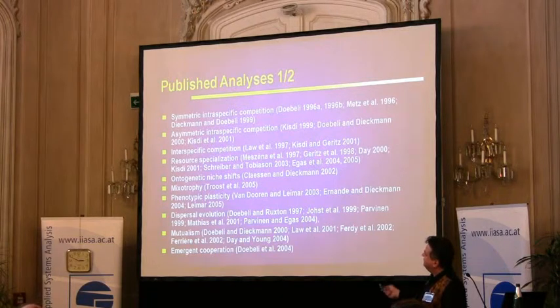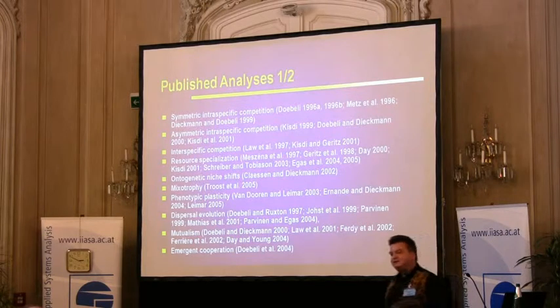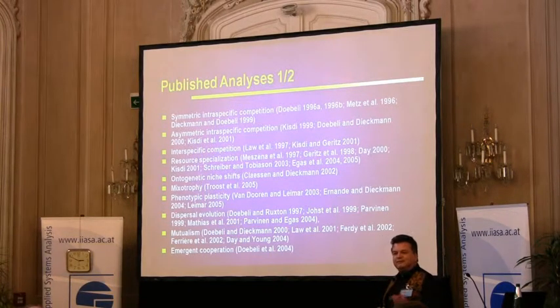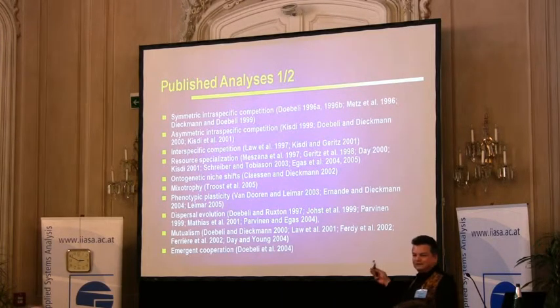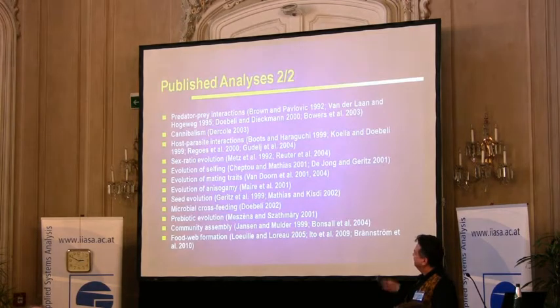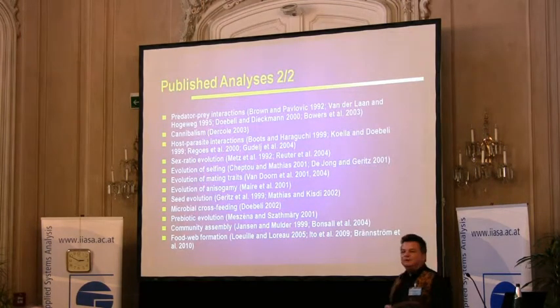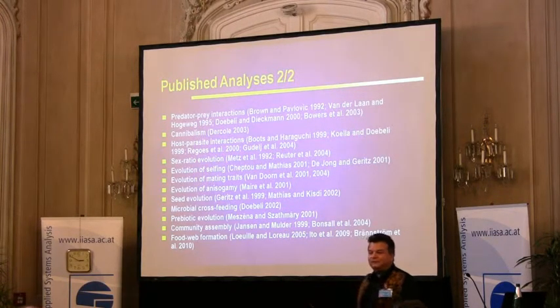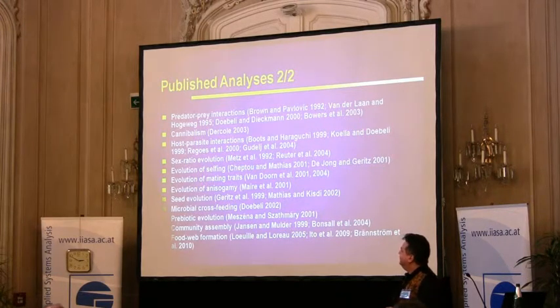I just want to draw your attention to the large score of studies that has by now been published about different evolutionary ecological questions tackled through an analysis of evolutionary branching. So probably we are talking about some 60 or maybe even 80 papers. You cannot read this, you should not read this, but just to give you an idea, this is a brief bibliography of publications on evolutionary branching. So this has helped to analyze all sorts of questions ranging from anisogamy to food web evolution and so on.